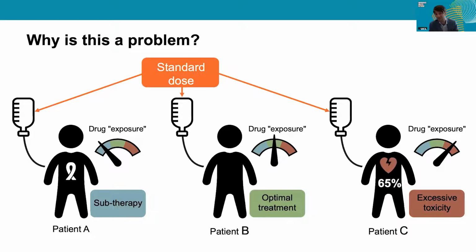Or patient B would be in the sweet spot because this patient behaves exactly as the models predict that are based on body surface area and weight. And then we have other patients where they don't clear the drug as much. It stays in the body for much longer. And the body therefore has severe adverse effects.